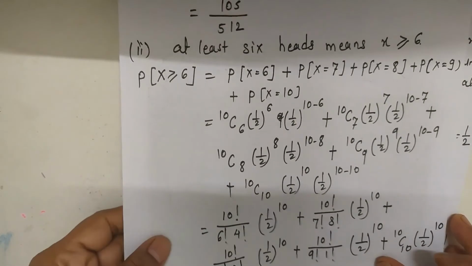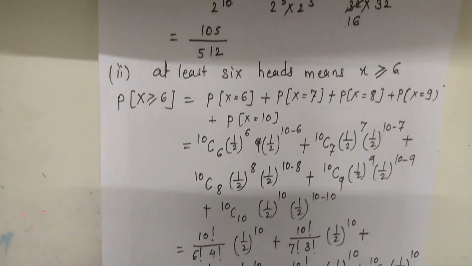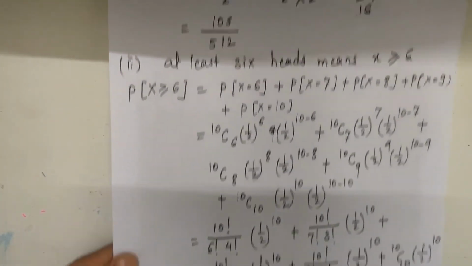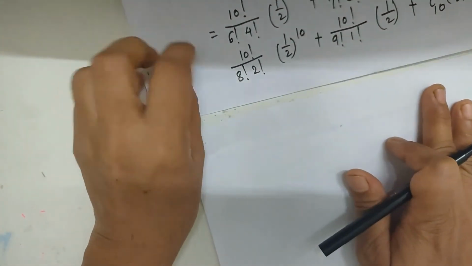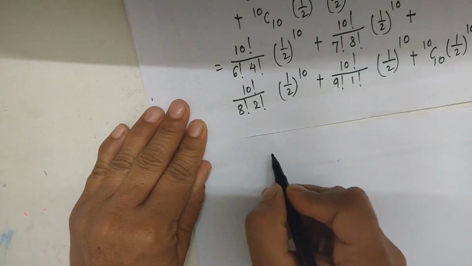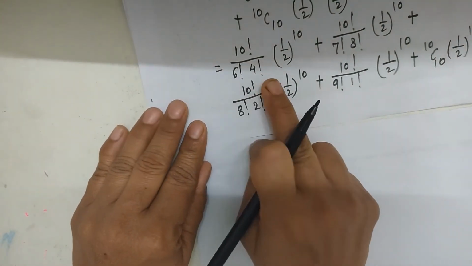Now calculating all these terms, we get 10 factorial upon 6 factorial into 4 factorial.